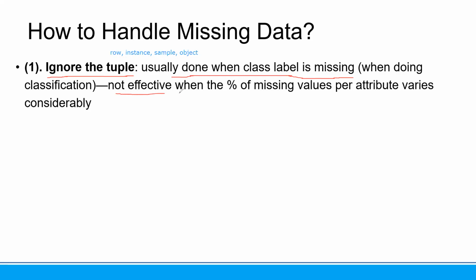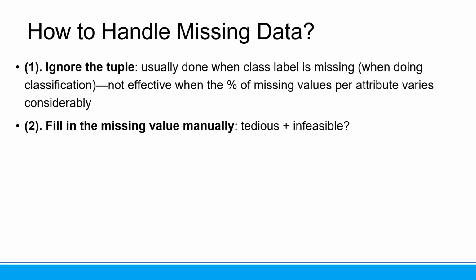However, this is not effective when the percent of missing values per attribute varies considerably. I will explain why I mentioned this keyword. Fill in the missing value manually. Let's say if the birthday is missing, like what I explained before, I want to put January 1st.